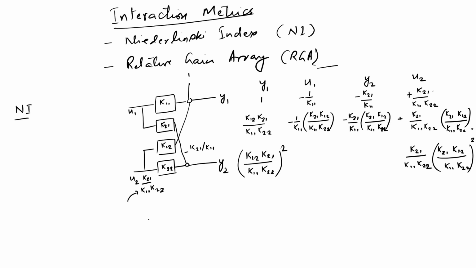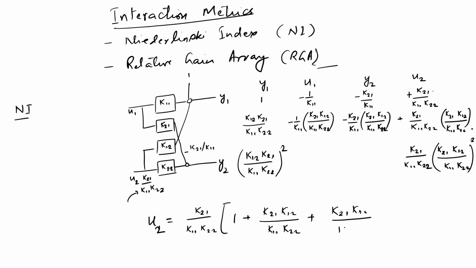If I look at the changes in U1, or U2, let's look at the last column, U2. The changes in U2 are K21 by K11 K22 times, that's the first iteration, then the second iteration, then the third iteration, and so on and so forth.